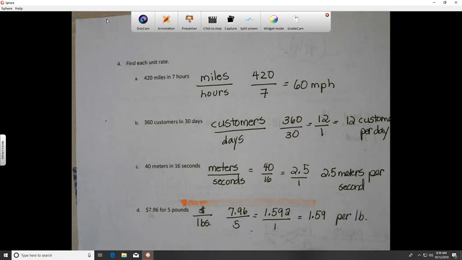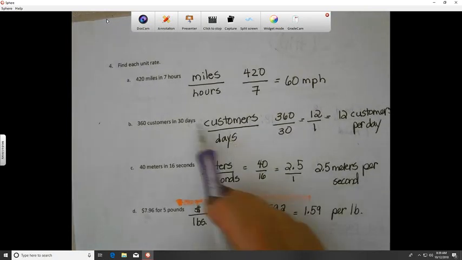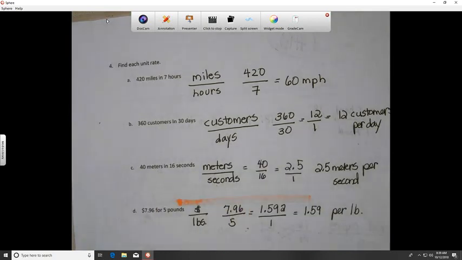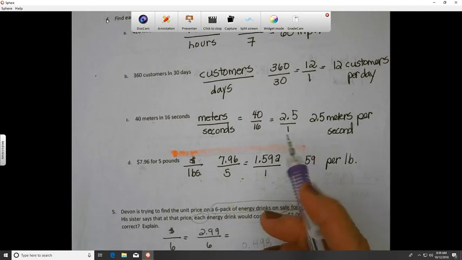But I want you to start writing the words, okay? Because it's going to get tricky with tables and stuff. So if we start now, it'll be a good habit. Customers over days, meters over seconds, dollars over pounds. Any questions on that?